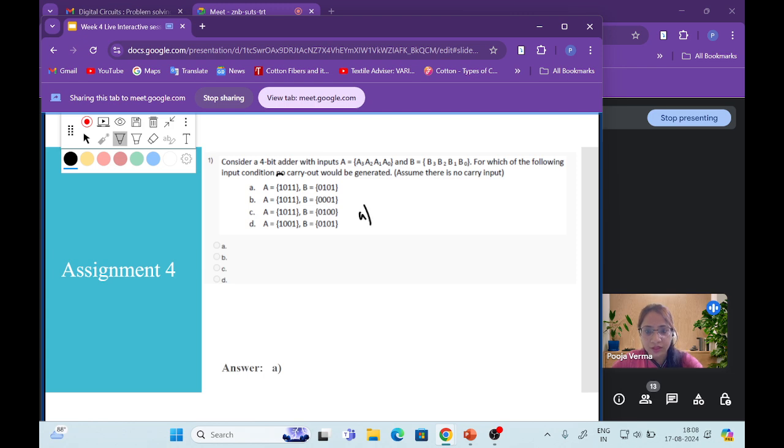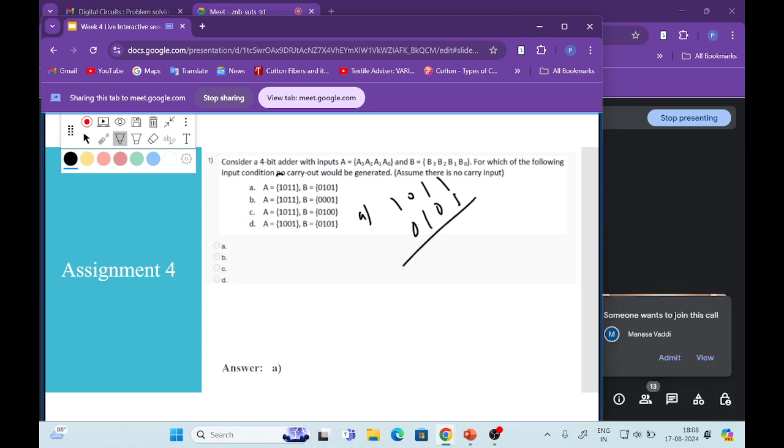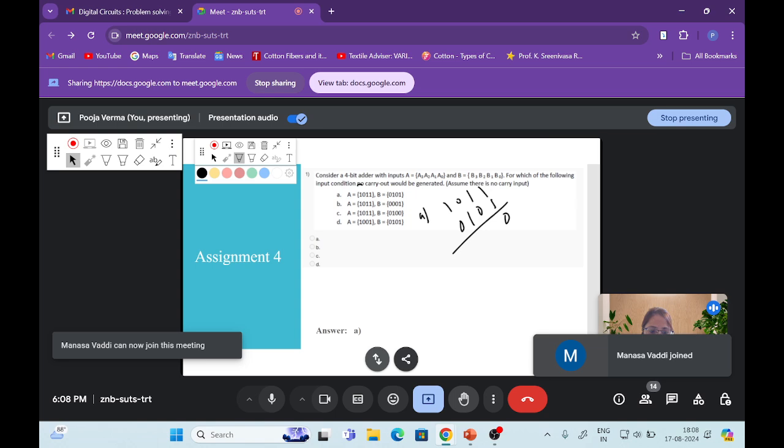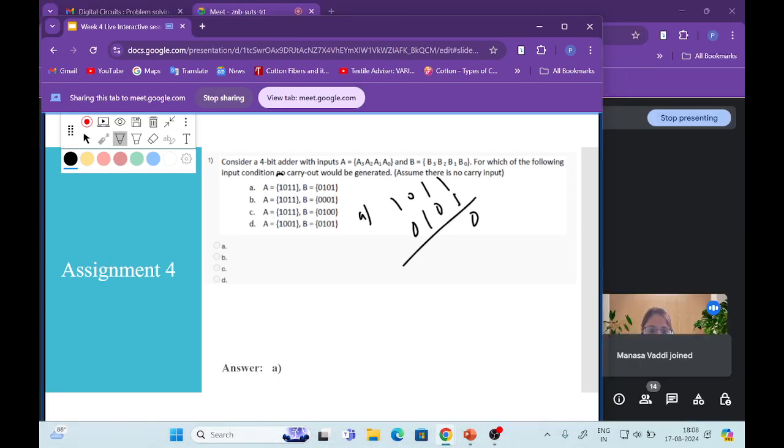So first, option A is 1 0 1 1 and 0 1 0 1 1 1 0 1. The carry is there, right? The carry would be propagated to the next bit.